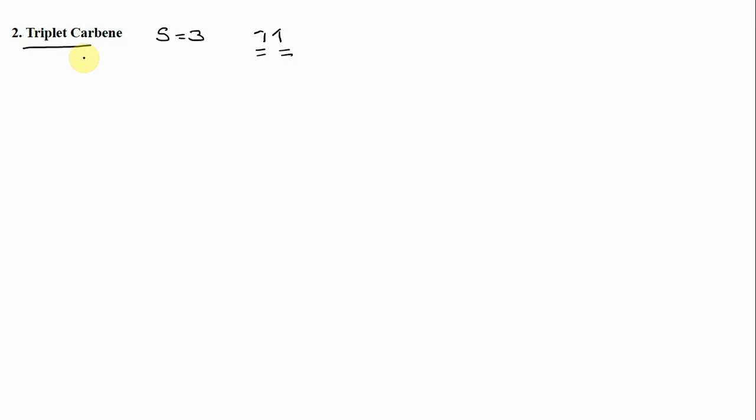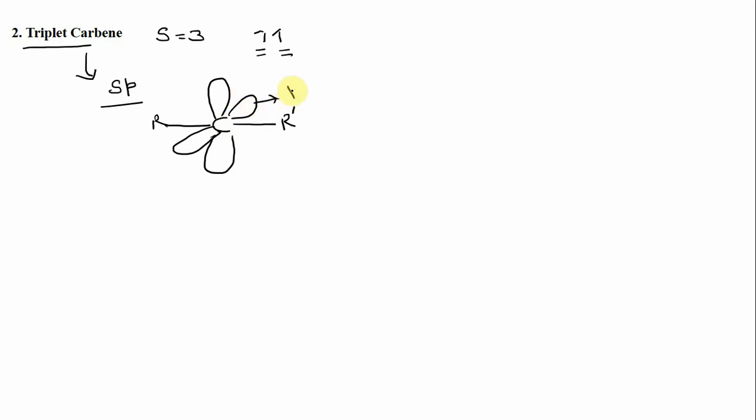So here in this case, these triplet carbenes have sp hybridization. Now since they are divalent in nature, there are two sp hybrid orbitals involved in formation of covalent bonds. This leaves two unhybridized p atomic orbitals. So suppose these are py and pz.